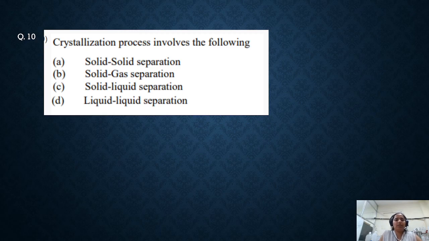I have already told you which separation occurs in crystallization, that I explained in the last question only. The crystallization process involves which of the following: solid-solid separation, solid-gas separation, solid-liquid separation, or liquid-liquid separation.